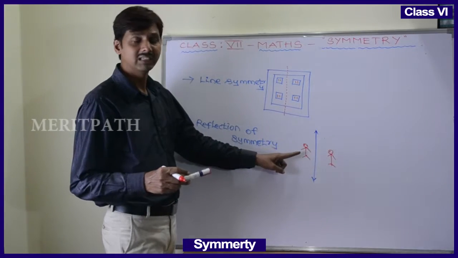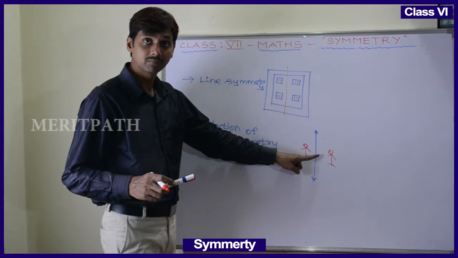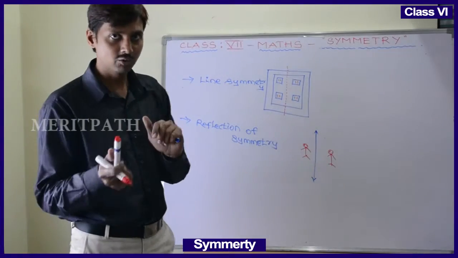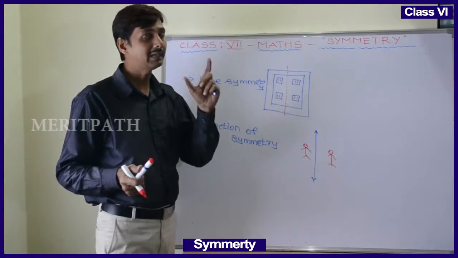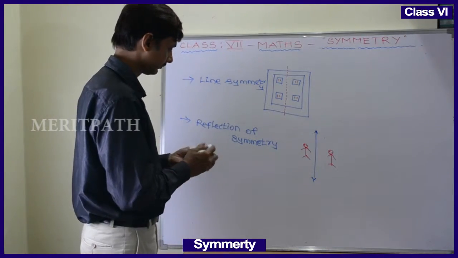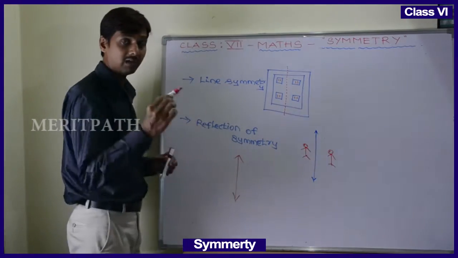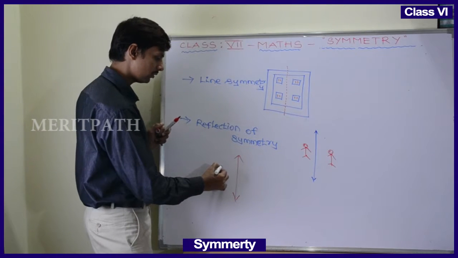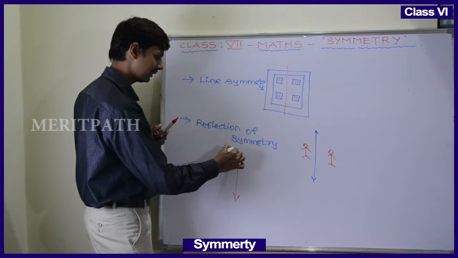But note that when we see the object in the mirror, it becomes left to right, right to left. We can understand this by taking an alphabet in front of the mirror. Let's see. We took an alphabet in front of the mirror. This is a mirror.